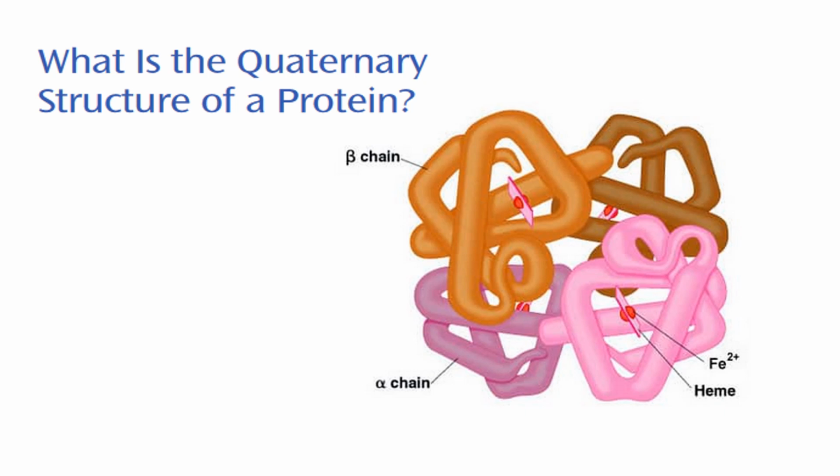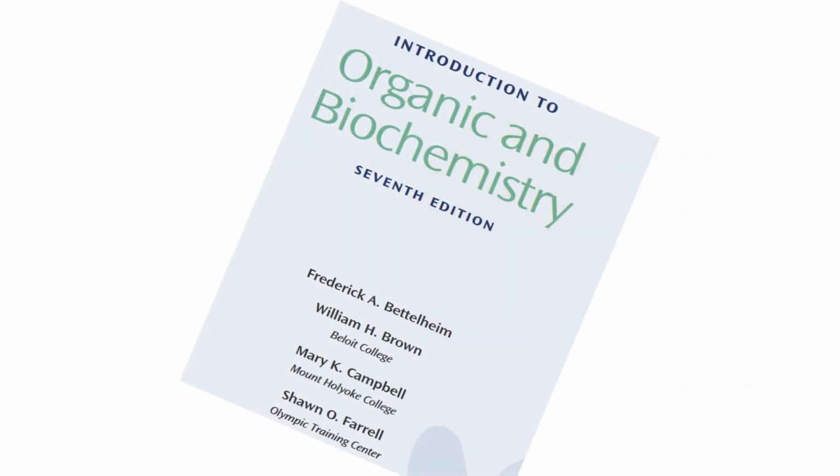There are two identical alpha chains composed of 141 amino acid residues and two identical beta chains composed of 146 amino acid residues. And this ends the presentation.